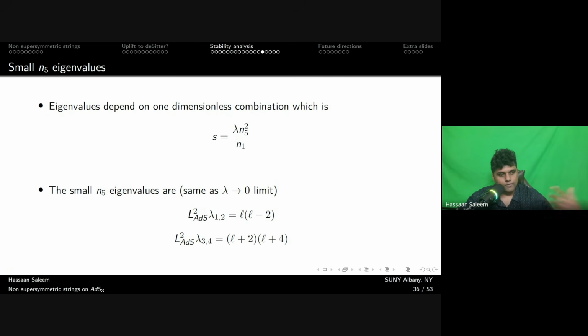The dependence on the fluxes comes from this dimensionless parameter, which is S, right? So large N5 behavior just means large S behavior, but you can see that large N5 behavior also means large lambda behavior or small N1 behavior. So they are the same thing.